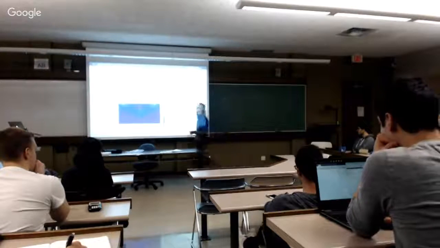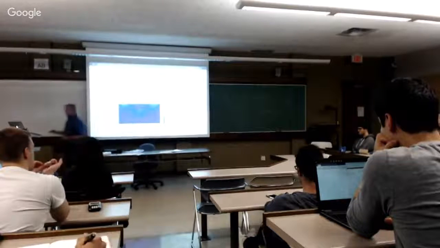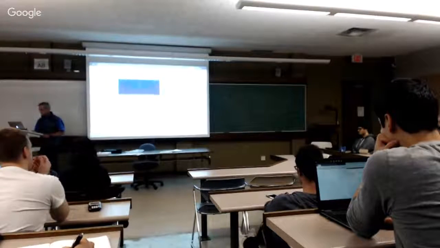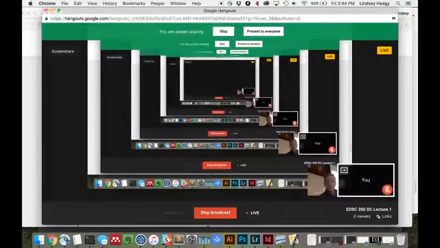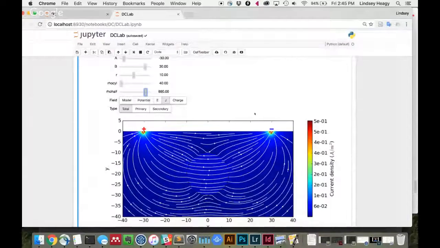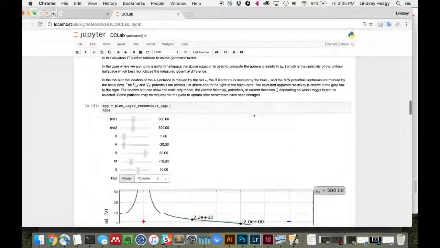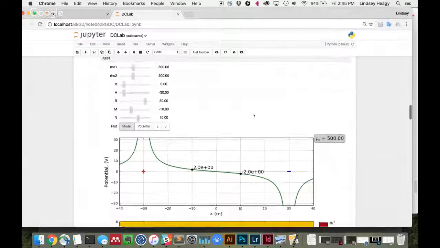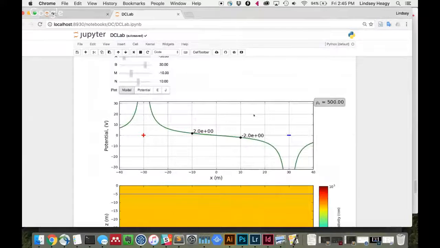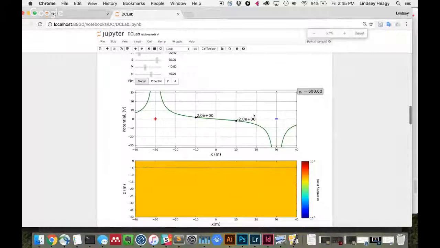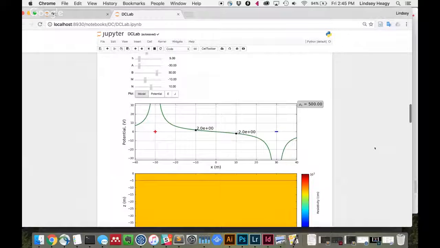And I can show you that in this next plot. So if we go back to this 500 ohm meter background, then if I have a current source here, there's an electric potential that goes up to infinity here and then falls off with 1 upon R. And I've got the negative here.